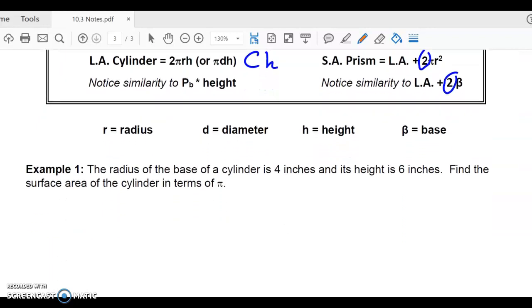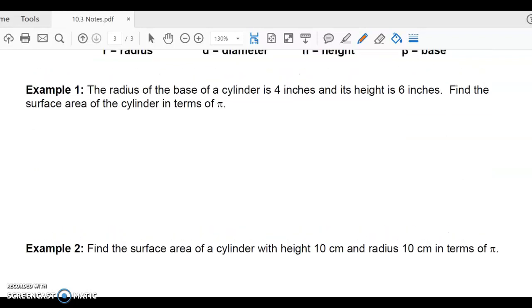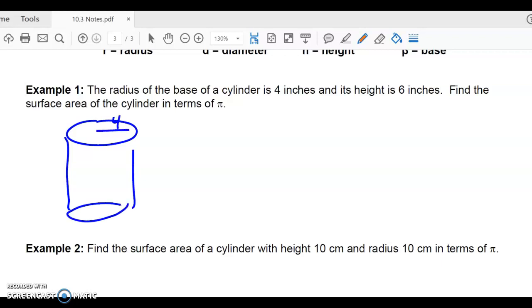So example 1, the radius of the base of a cylinder is 4 and its height is 6. So we'll draw a cylinder, label the radius 4, the height is 6, and find the surface area in terms of pi. So surface area is equal to lateral area plus 2 times the area of the base.